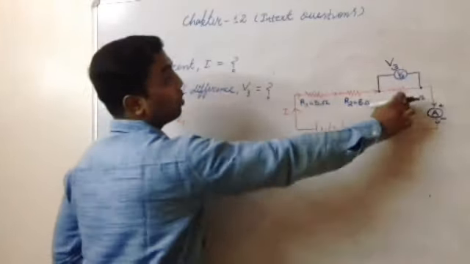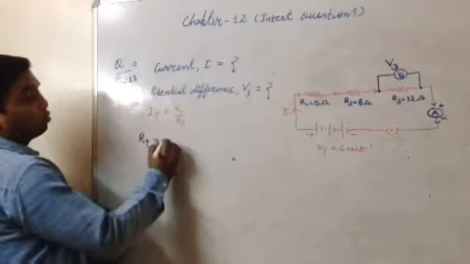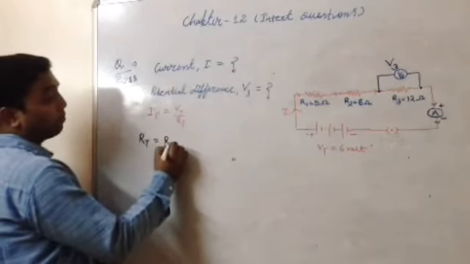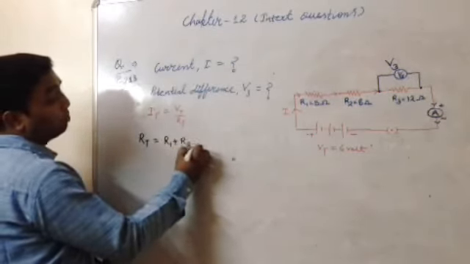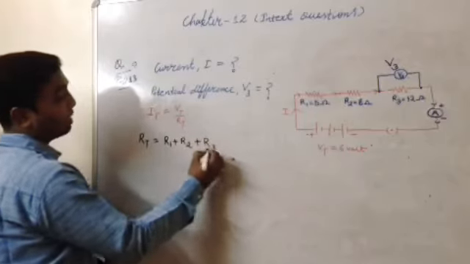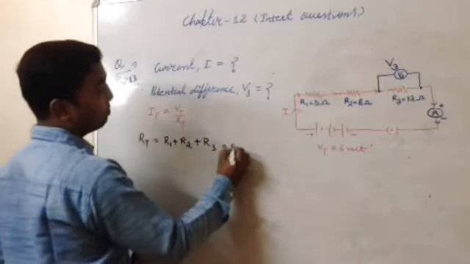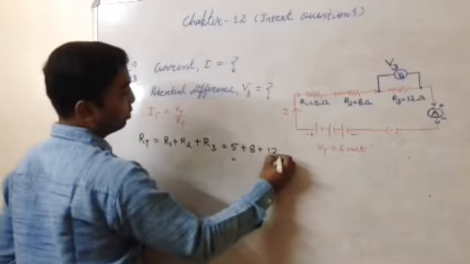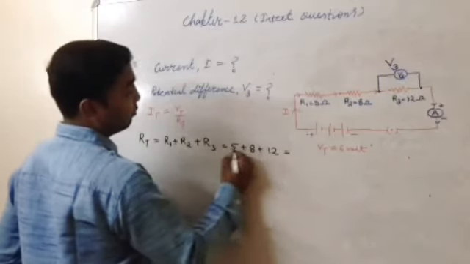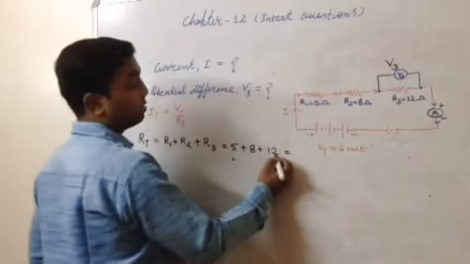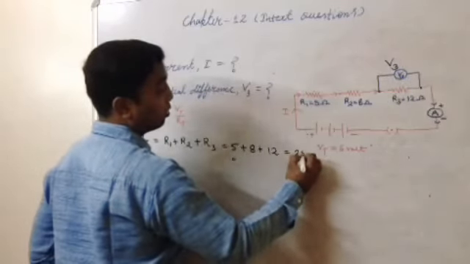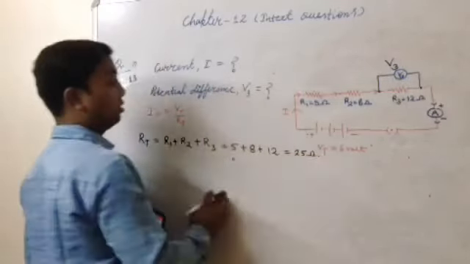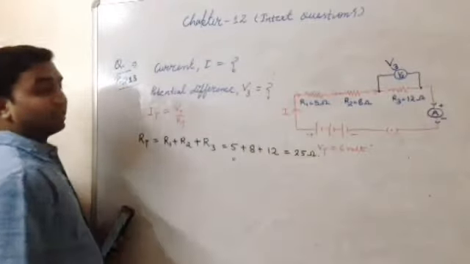R1, R2, R3 all are connected in series. So we can use the formula R1 plus R2 plus R3. So this would become 5 plus 8 plus 12. 5 plus 8 is 13, and 13 plus 12 is 25 ohm. So this is the total resistance of the circuit.